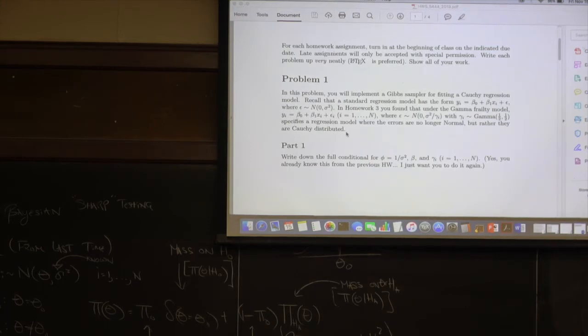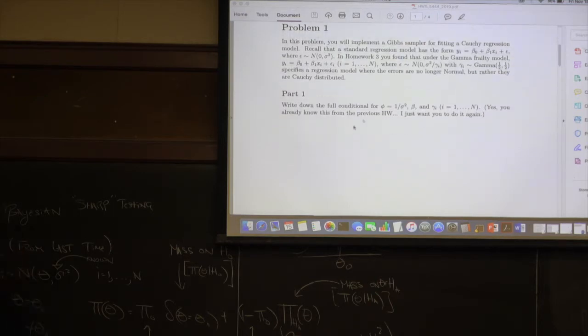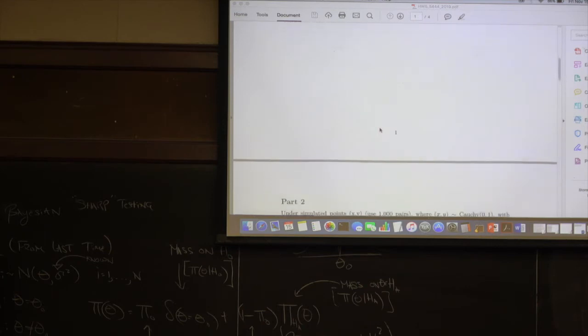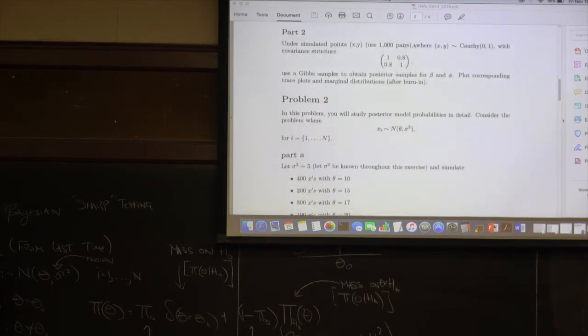If you need some help on working out what these full conditionals are, I can help you. But you're going to have to learn how to do that before you can actually implement this thing. So I want you to write down the full conditionals. Yes, again, I know you already did it. I want you to sample from a bivariate Cauchy with correlation structure that I'm writing down.